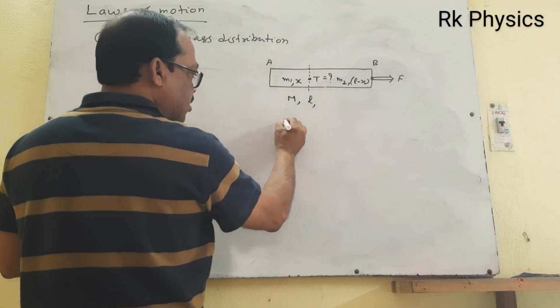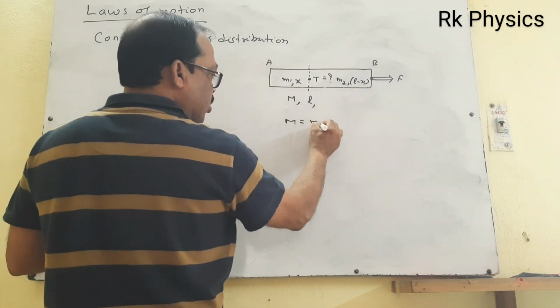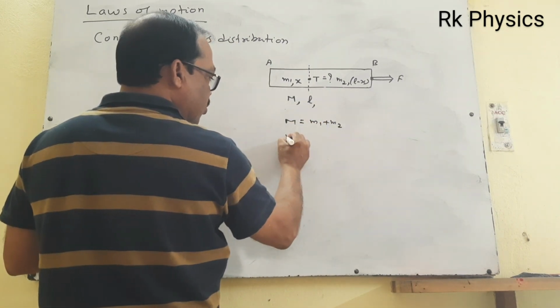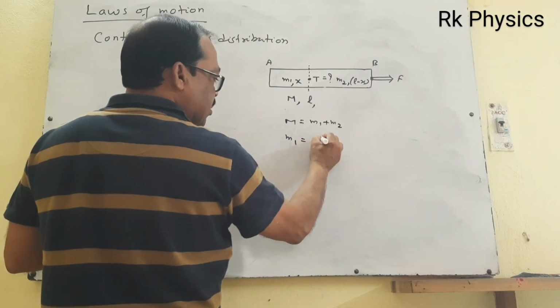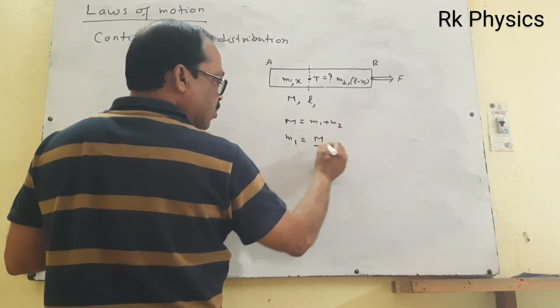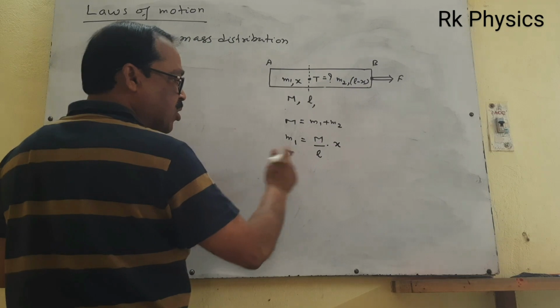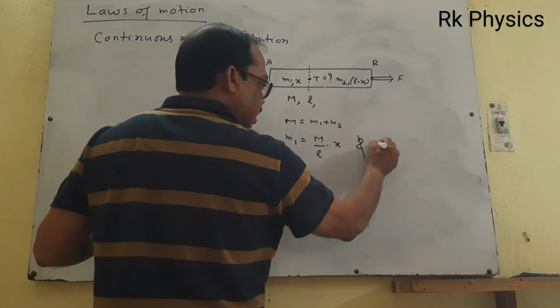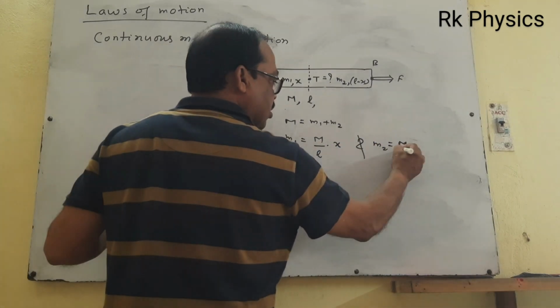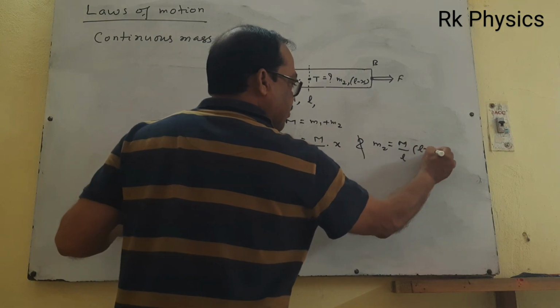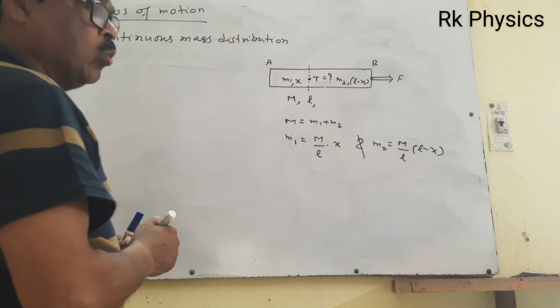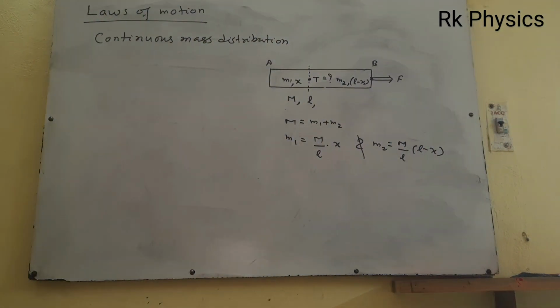So m equals m1 plus m2, where m1 is mass per unit length times the length of that section, and m2 is mass per unit length times the length of the section m2. So this is the mass.